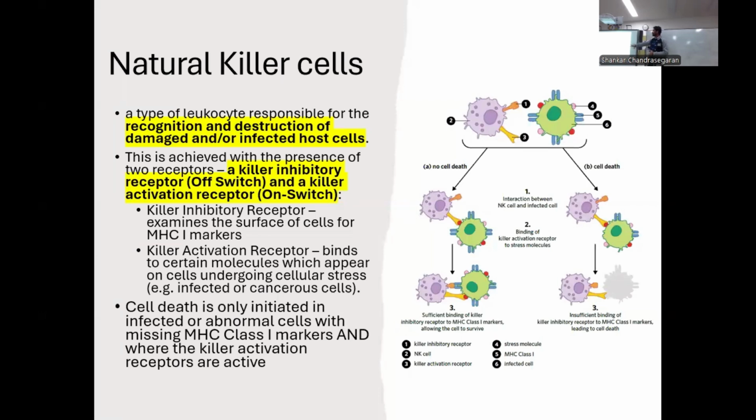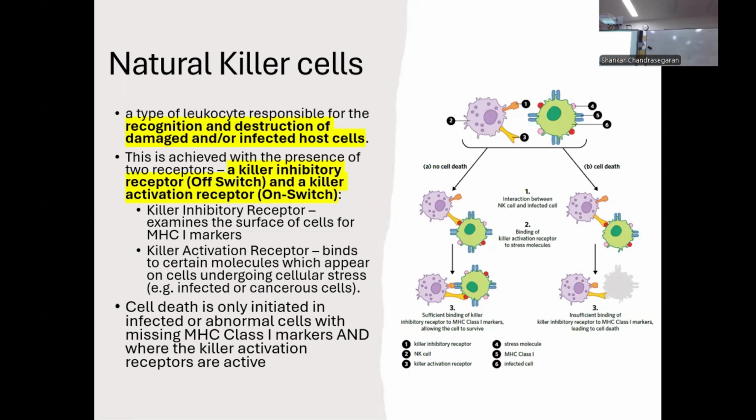So this natural killer system is only activated in the case that both of them are supporting it, right? If the killer inhibitory receptor is saying that there's a lot of MHC class 1 markers on this cell, then it won't trigger the kill switch, right?